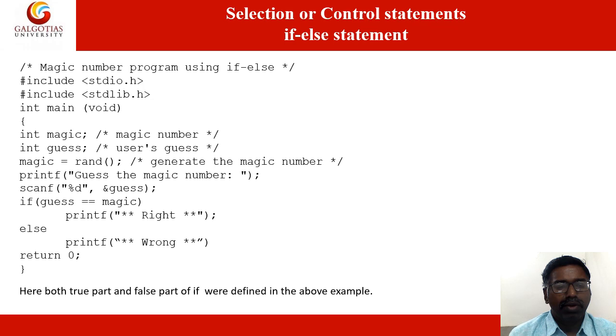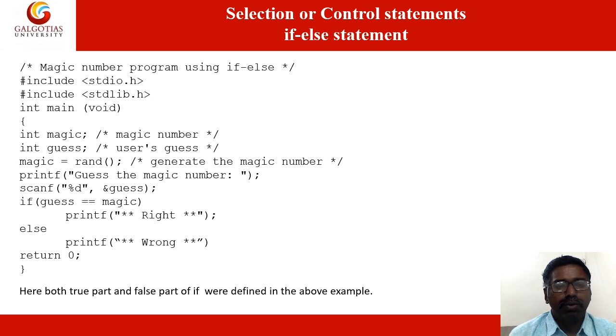In magic we are going to assign a value which is calculated by the system automatically by calling the function called rand. This rand function belongs to the header file stdlib, which is included in the second line of your program. Once you call it, it will create a random number automatically, and it is assigned to the integer variable magic.